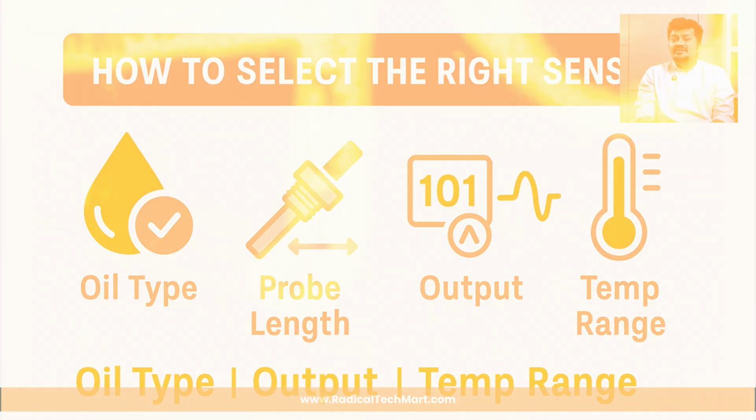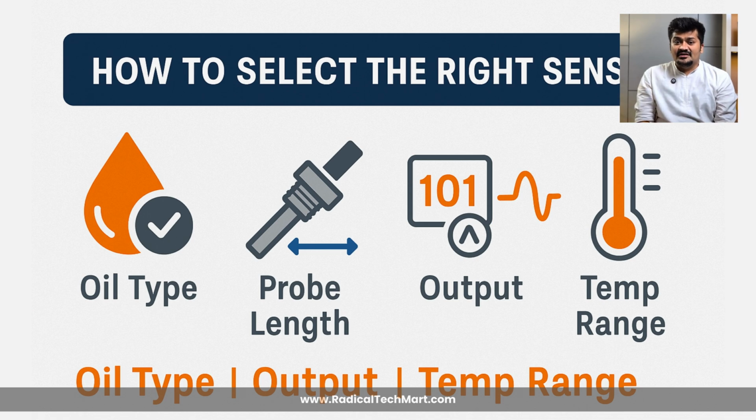It's preventive protection. Now let's understand installation and selection tips. Before selecting a moisture in oil transmitter, consider oil type compatibility, like mineral, synthetic, ester or silicone oil. Second is measurement range. Ensure it covers both ppm and aw readings. Third is probe length and mounting, threaded for inline or flange for tanks, and signal output.